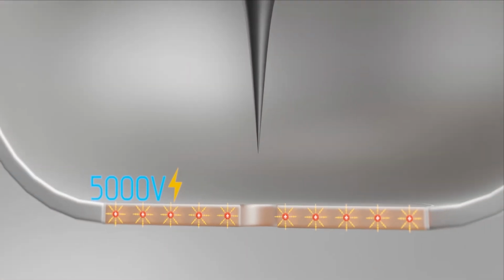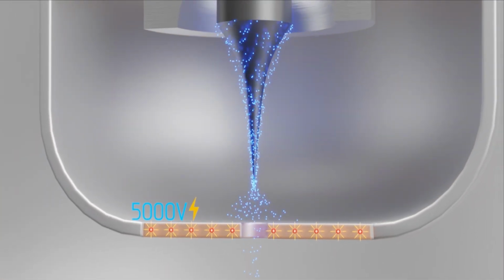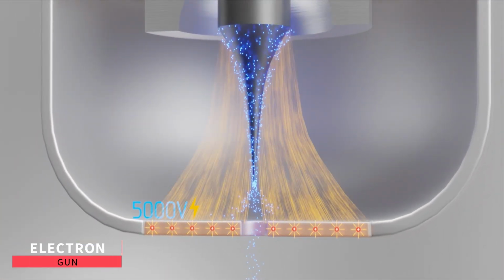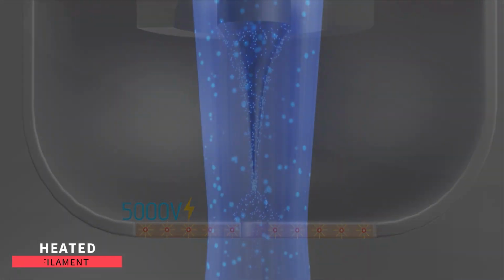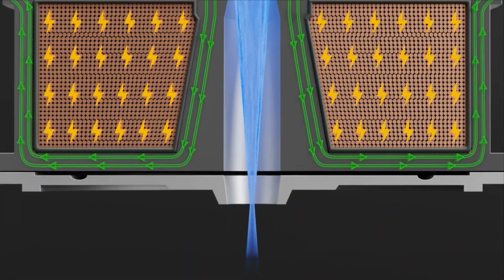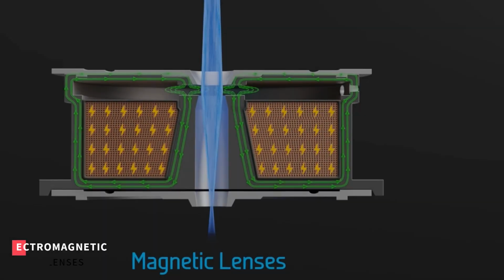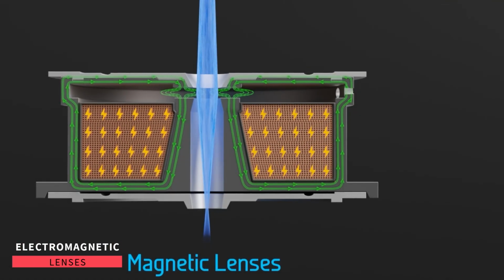The journey of these electrons begins in a specialized component called the electron gun. Here, a heated filament or a field emission source emits a steady stream of electrons, which are then accelerated through a series of electromagnetic lenses and apertures.